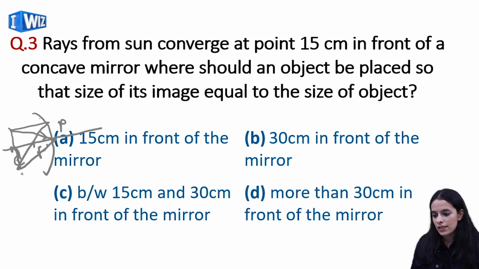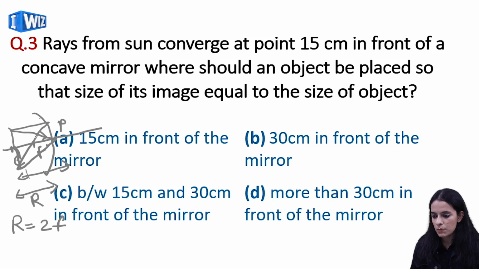And we know that C is basically the distance from the center of curvature to the pole. The distance between C and P is called the radius of curvature. And the radius of curvature is twice the focal length, as we can see from here as well.